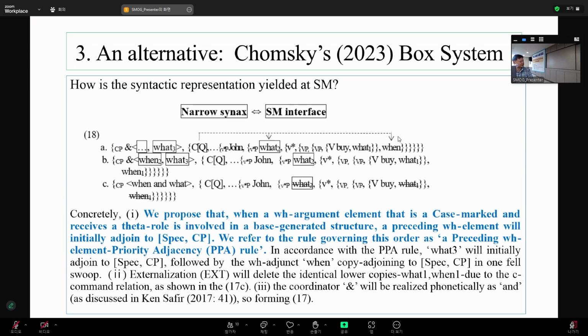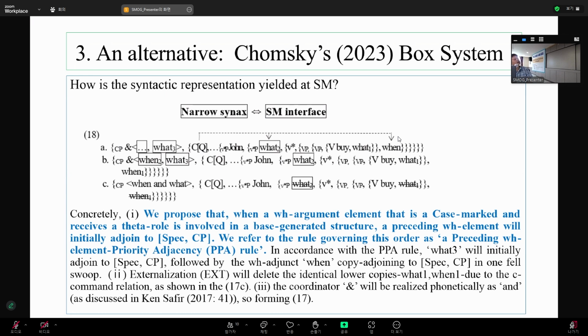Concurrently, I propose that when there is an argument element, there is a case marked and receives a theta role. This argument element is involved in a base generated structure of preceding the rich element will initially assign to the specificity. I refer to this rule governing this order as preceding the rich element priority adjacency, namely the PPA rule.